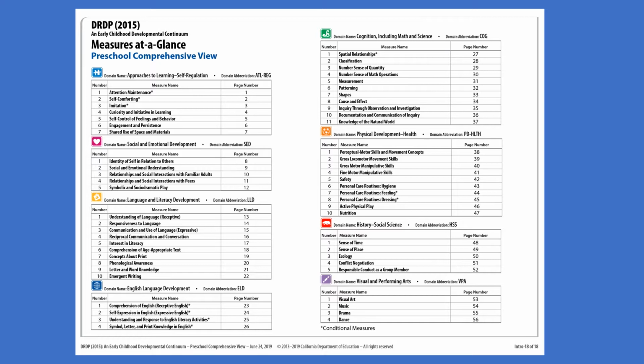Then, if you work with English language learners, dual language learners, you would utilize the 4 measures that go with the blue globe there for English language development. If your children speak the same language as the language of your school, then you would not utilize these. So if the child is English speaking by nature of their home, then you would not use these.